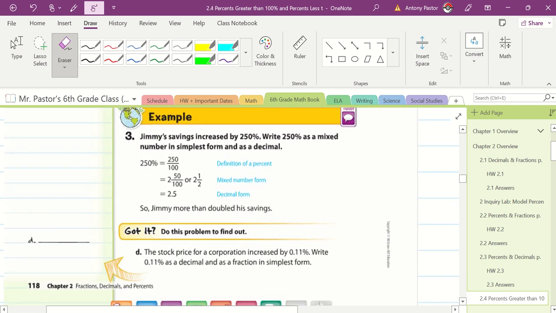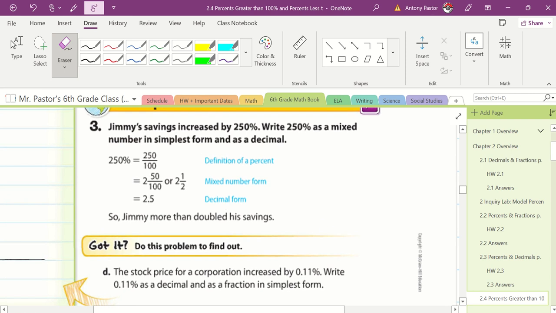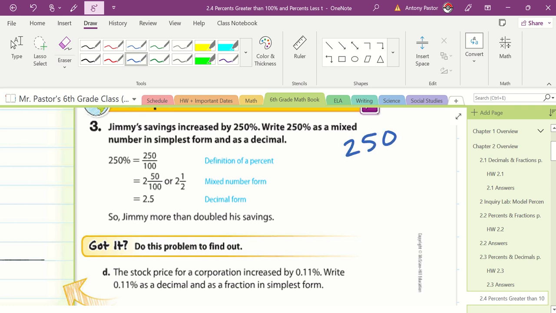Jimmy's savings increased by 250%. Write 250% as a mixed number in simplest form and as a decimal. So 250%. Okay, so you could do it either way. The way that the book is showing us, 250%, yeah, it would be 250 over 100, because it is a fraction.